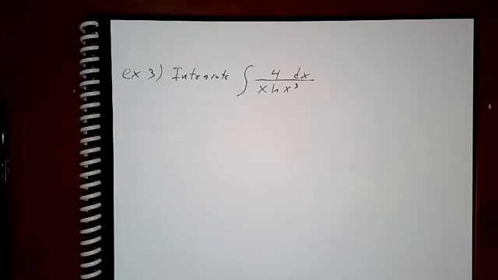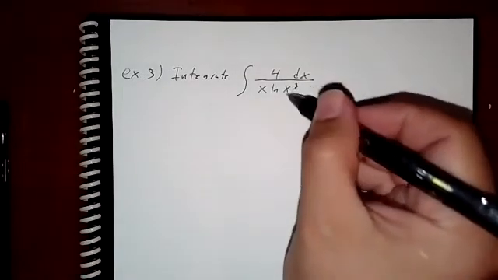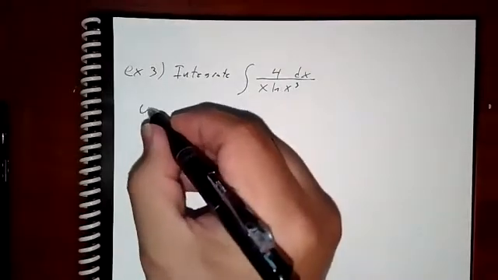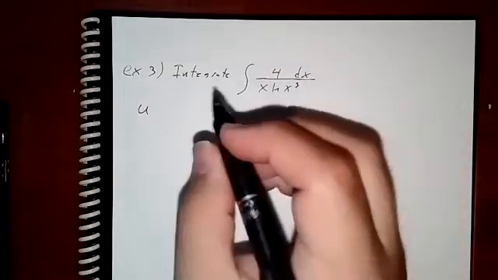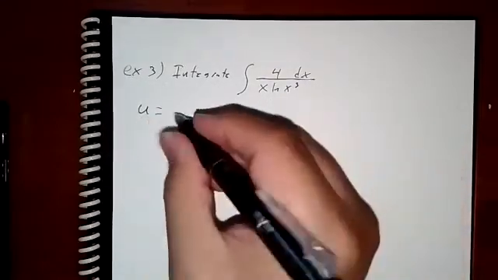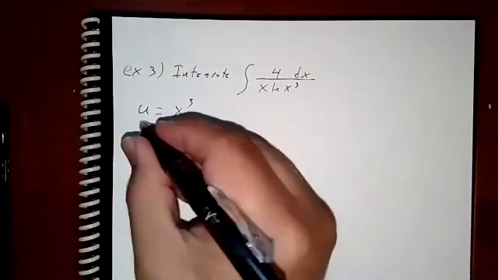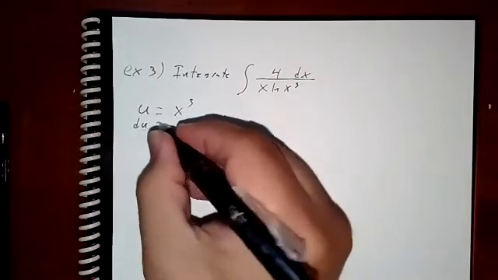Excellent. No, that's too much. Let's start with the innermost part, the x cubed. Because if we do the whole thing, then du would be a product rule, which would be kind of crazy, right? And they should be pretty simple derivatives.